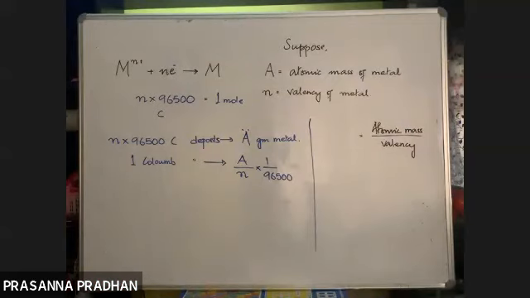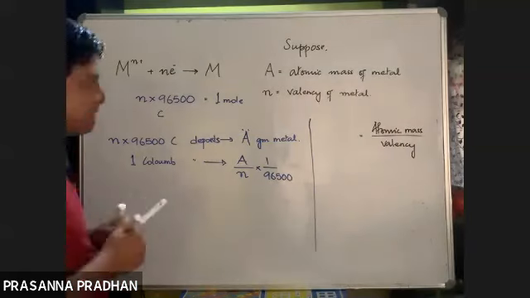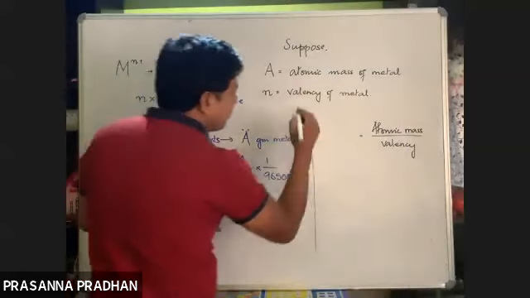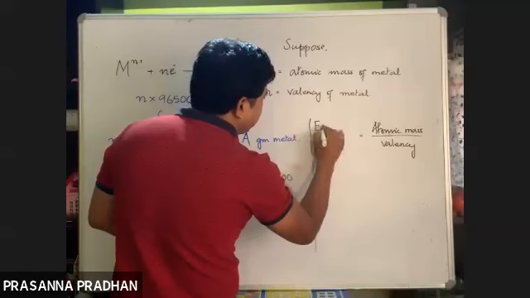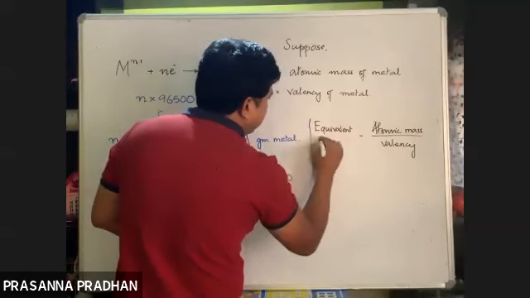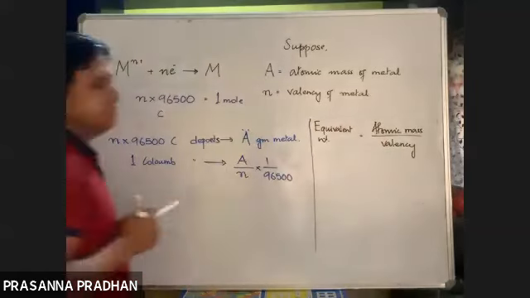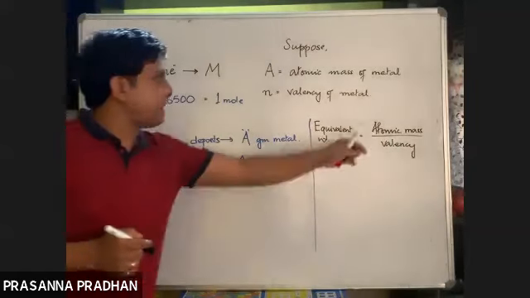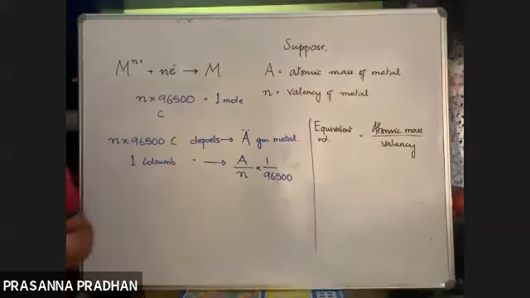Atomic mass by valency is the formula for calculating the equivalent weight of elements. The equivalent weight equals atomic mass by valency.